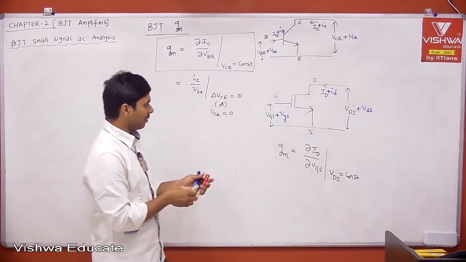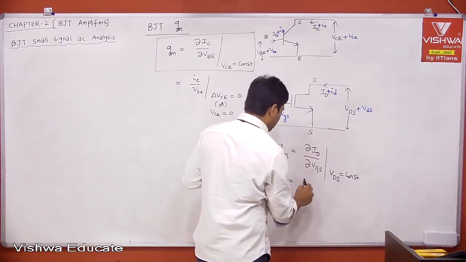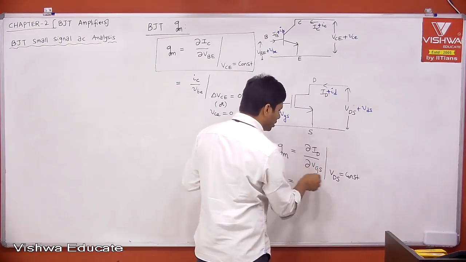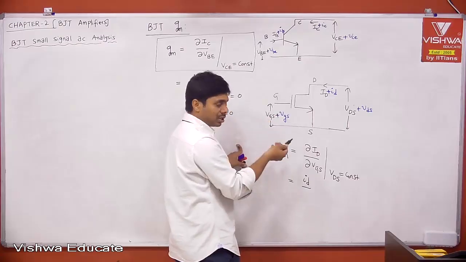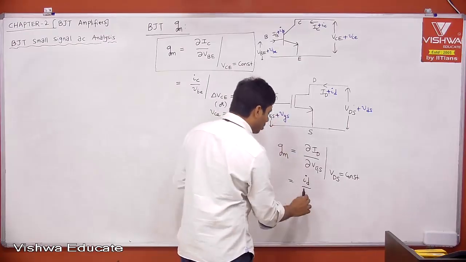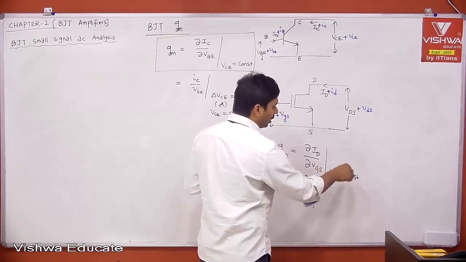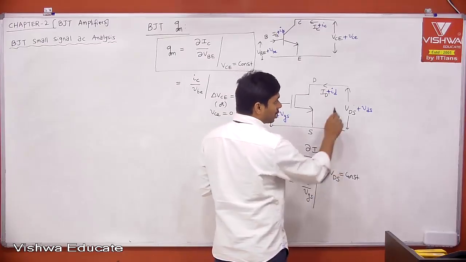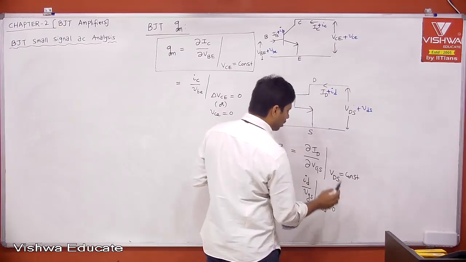Change in ID is small ID. Change in VGS is nothing but small VGS. Capital VGS is not changing, that is fixed, DC voltage. Therefore, change in VGS is small VGS. I am saying VDS should be constant, there should not be any change. Small VDS is equal to 0.